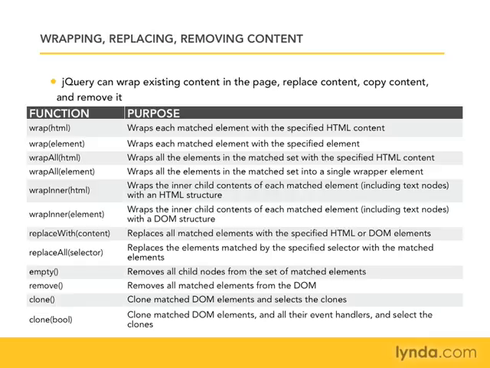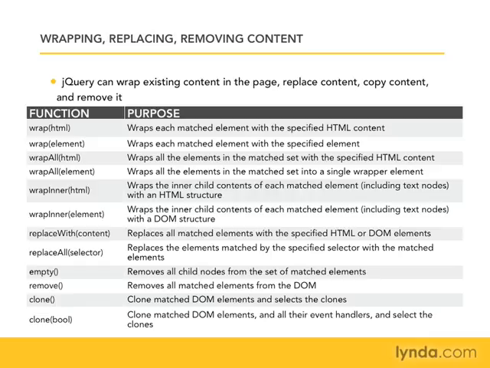And finally, the wrap inner functions will wrap the inside child contents of each matched element, including text, within either HTML or the DOM element that I specify here, assuming that the DOM element that I'm passing is allowed to have children inside of it.